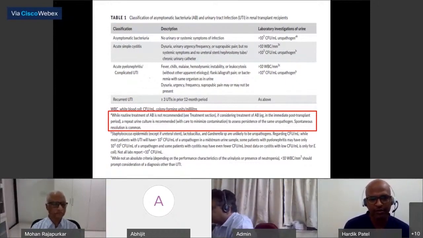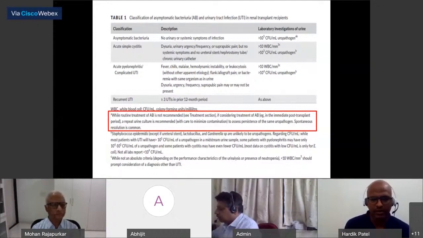For acute pyelonephritis, a complicated UTI, there has to be fever, chills, malaise, hemodynamic instability, or a sepsis syndrome in the absence of other causes. Similarly, the urine should show pus cells more than 10 WBCs per high power field, and more than 10⁴ colony forming units of a particular uropathogen.